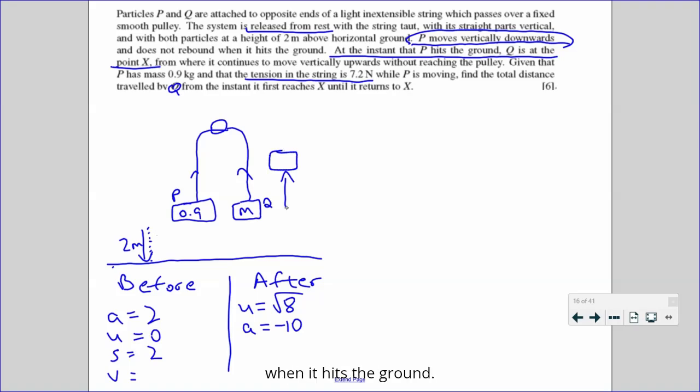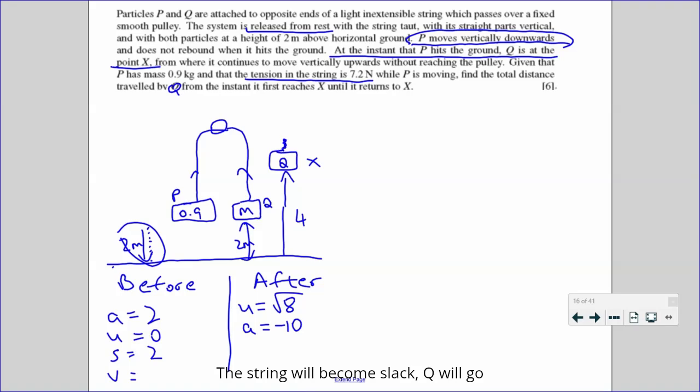When it hits the ground, it was 2 before. P went down by 2, Q went up by 2, so Q is at the point over here, which is point X. Okay. Now what will happen is, the string will become slack, Q will go up for a while, then it will come back down to point X.